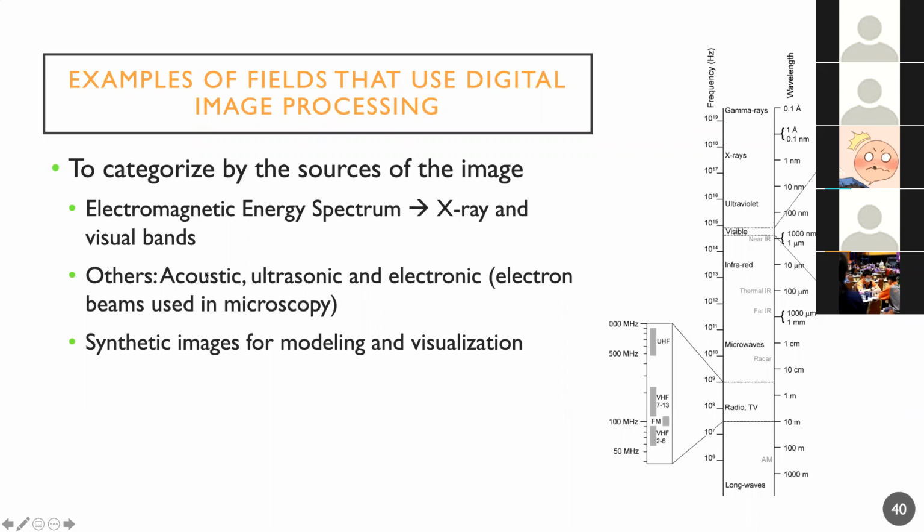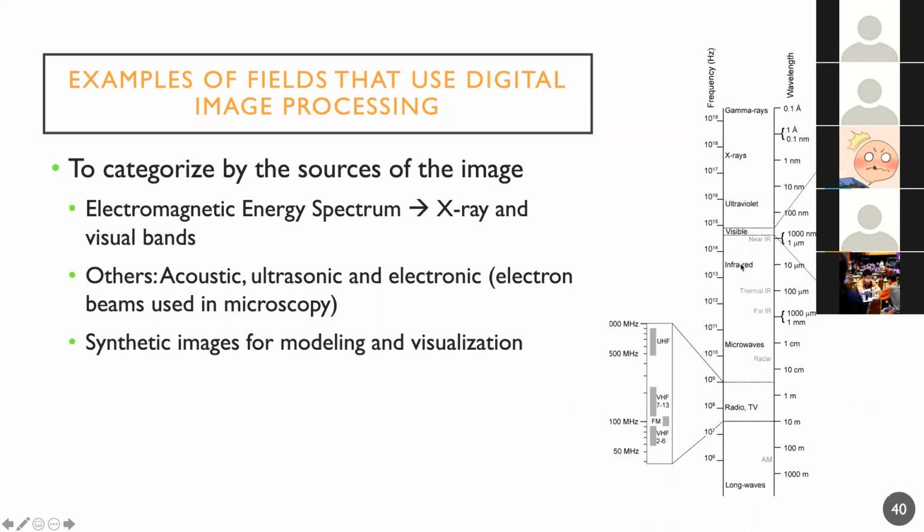They are both created from sound. And electrons: you can create an image from electron beams, which is used in microscopy, the camera in biology class that you use to look at tiny things. But there are also other types of images not created by the sources above. You can synthesize them for modeling or visualization.